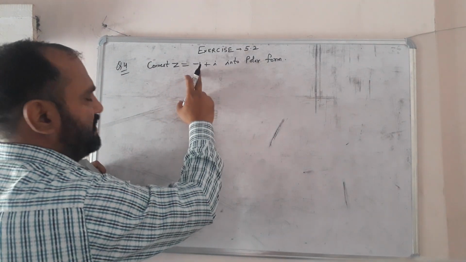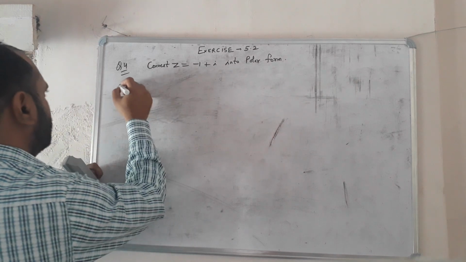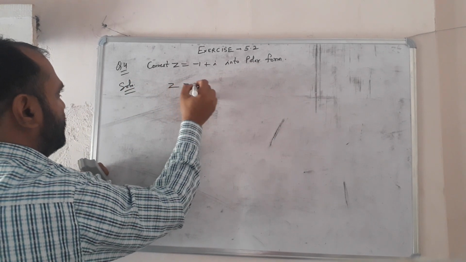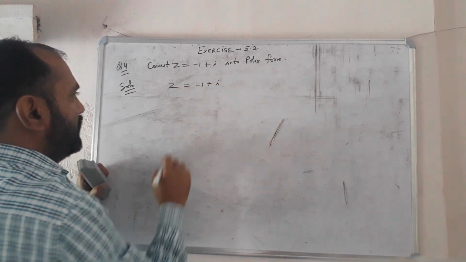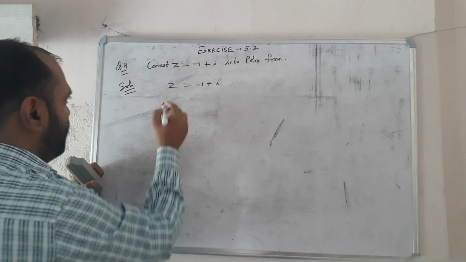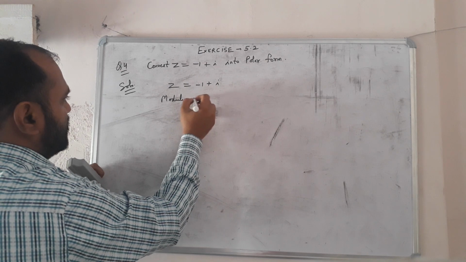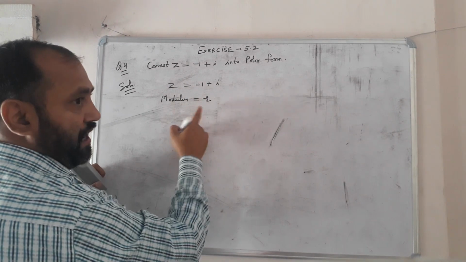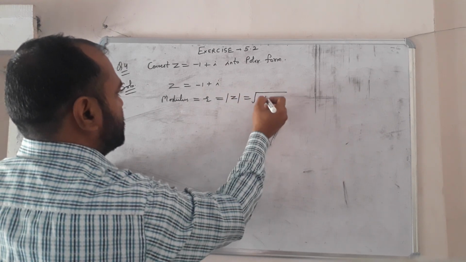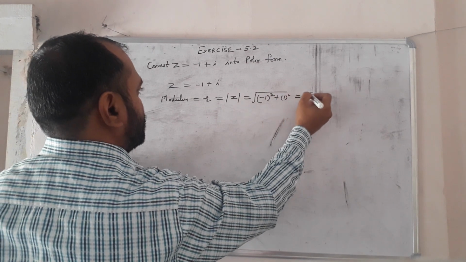Convert z is equal to -1 plus iota into polar form. So let us solve it. Before writing it in the polar form, you have to find the modulus. The modulus is represented by r, and its value is root of -1 square plus 1 square, that is root 2.